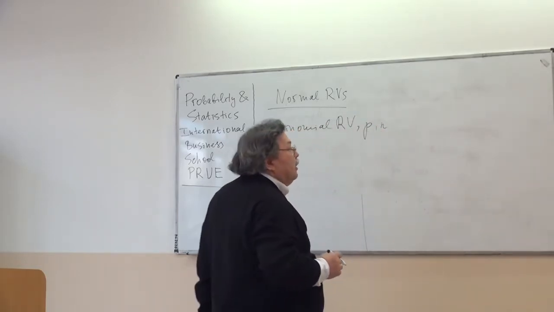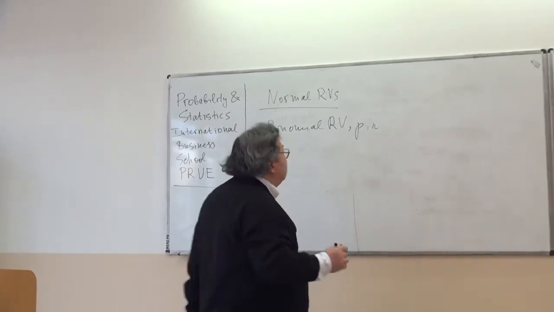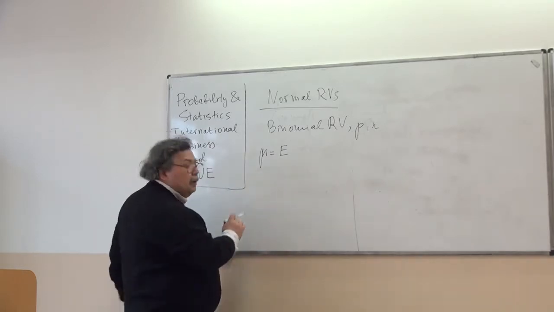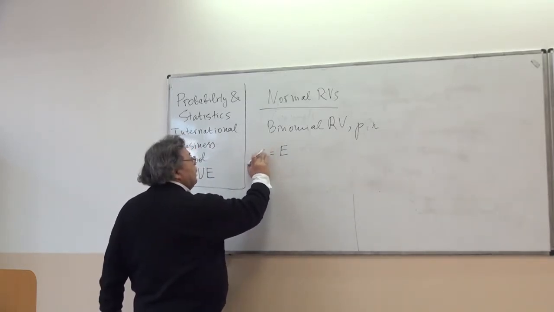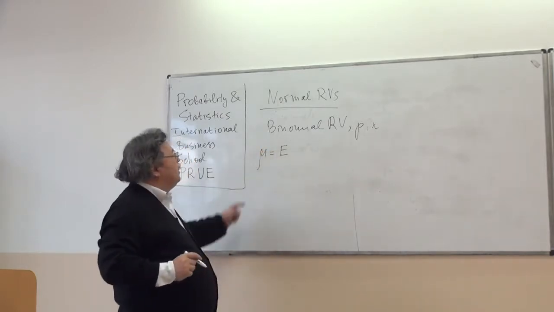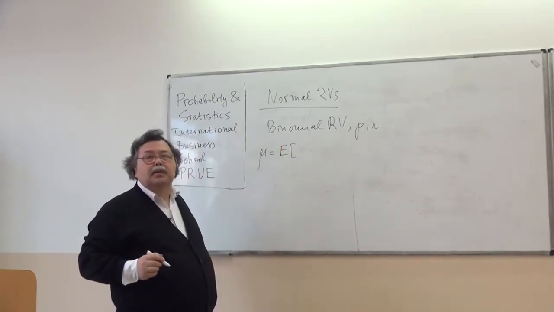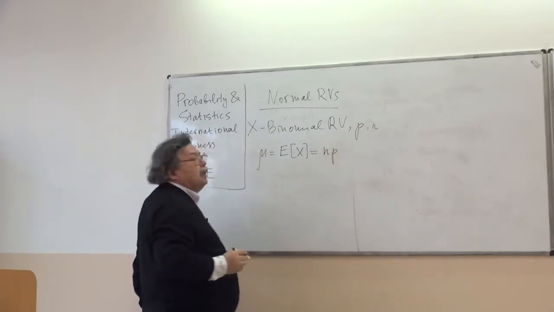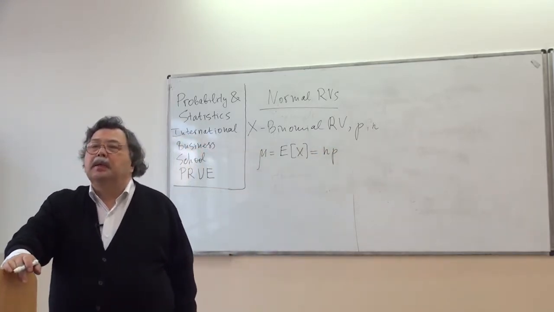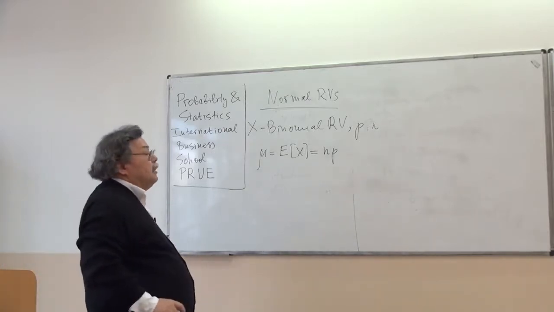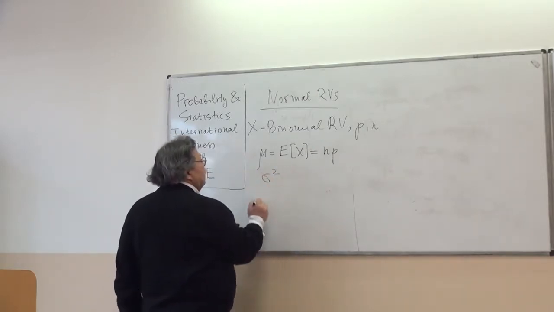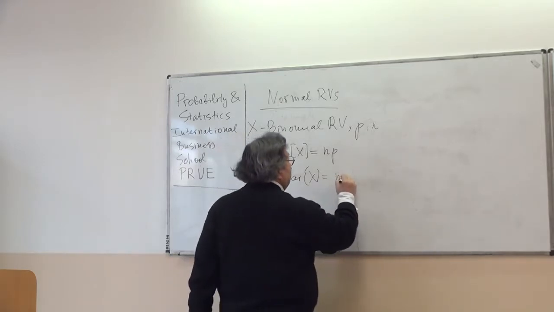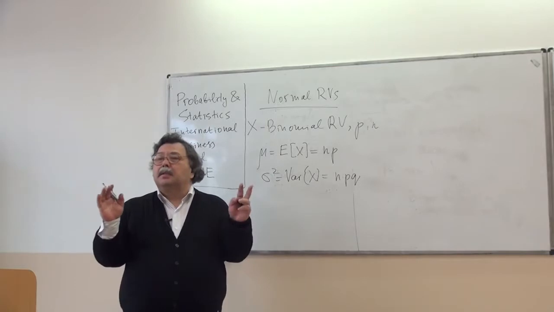Earlier I stated that the expectation, E of X, which I also denote by the Greek letter mu, for such a random variable resulting from n Bernoulli trials performed in a row, is n times p, and the variance is equal to n times p times q. Okay, so this is what we know.